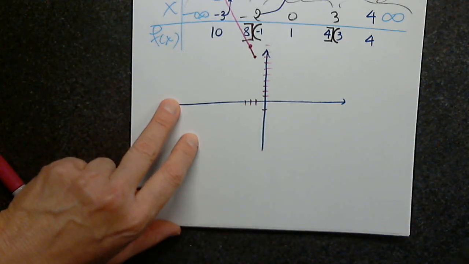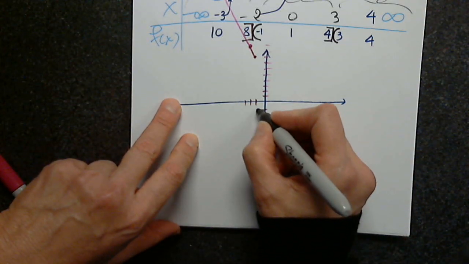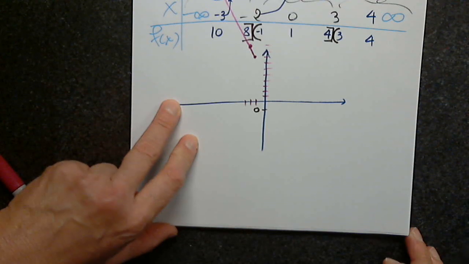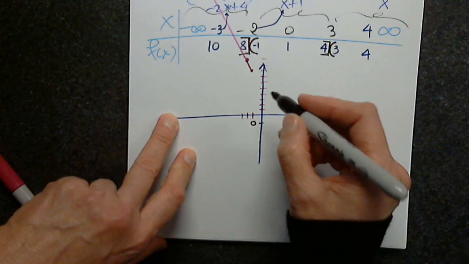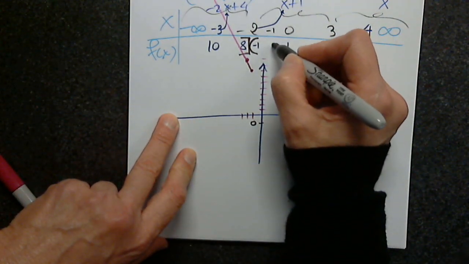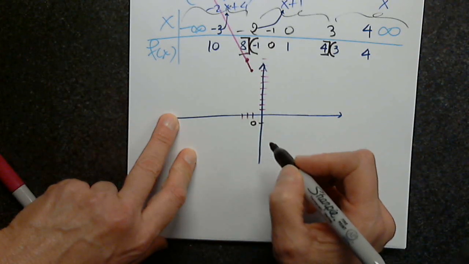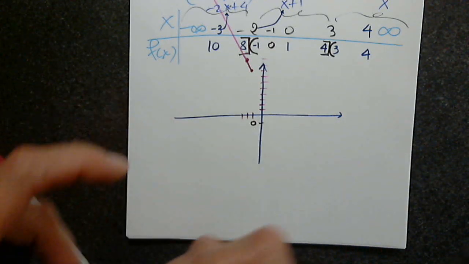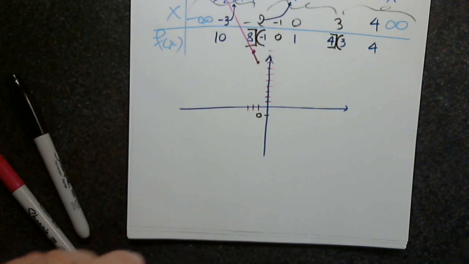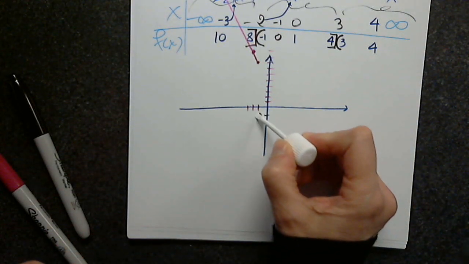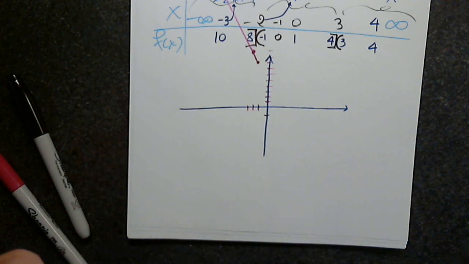What type of ordered pair will that be? Yes, it will be open. 0, 1. I should also put -1 in here because it's important. See what I did? It's -2, -1, and I put it under -1. Sorry, my apologies. Okay.